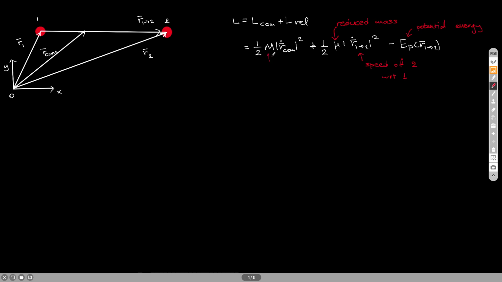And this is the total mass, or the mass of the center of mass. Let's say total. And this here is the speed of the center of mass.